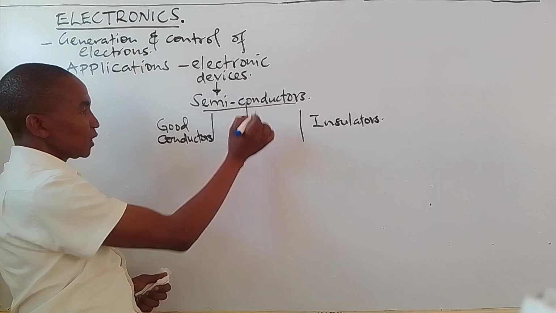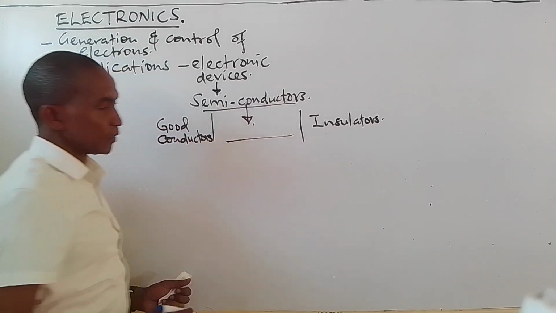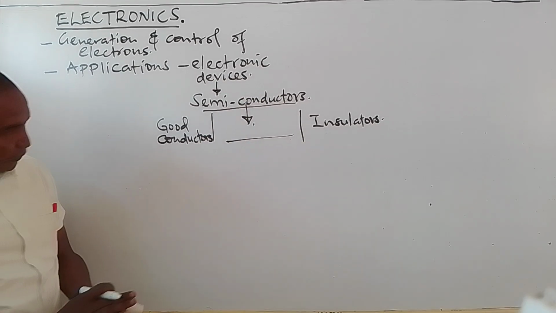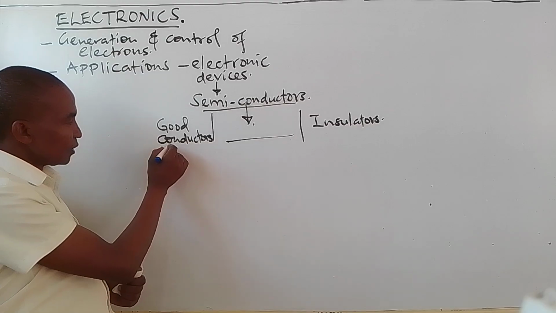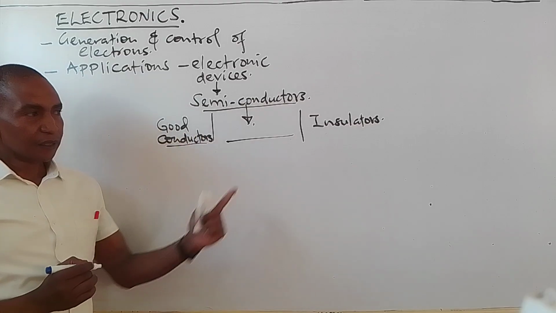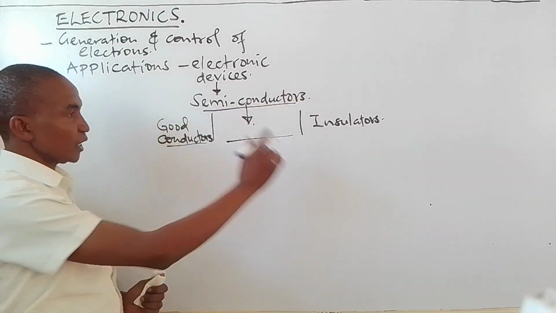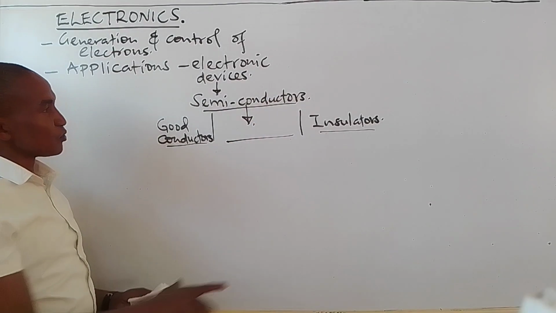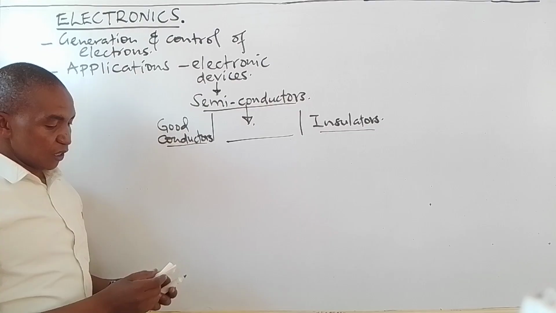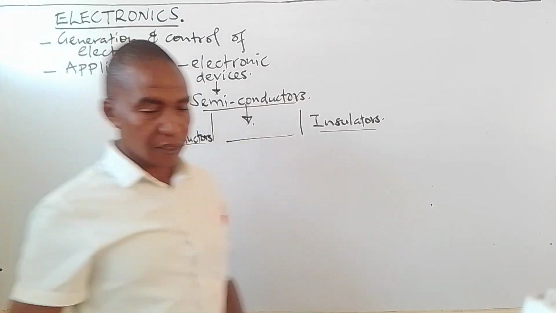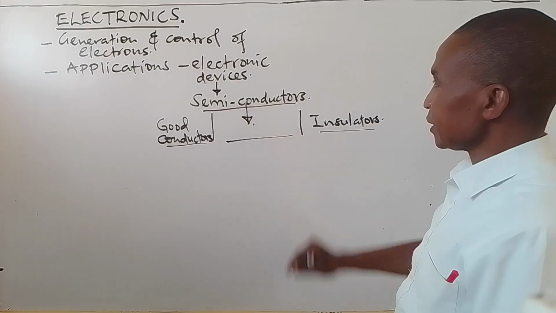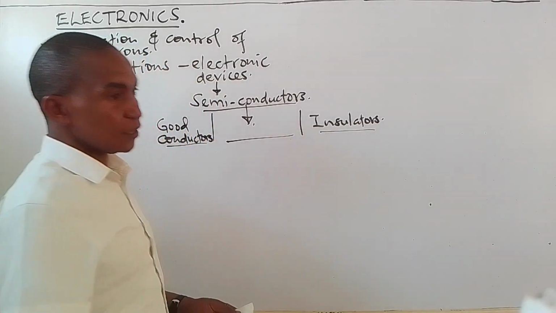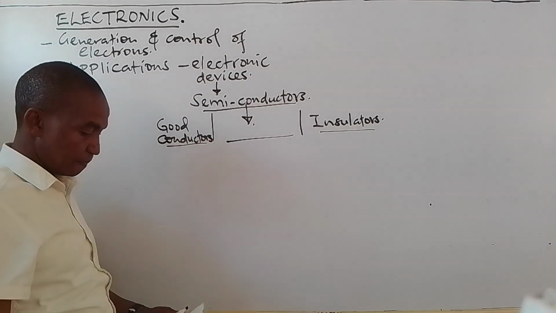By this we mean a semiconductor device will at some point behave as a good conductor, and if some input conditions are not satisfied, it will behave like an insulator. So a semiconductor can be said to be a device that conducts when some input conditions are satisfied. Some of these may be physical conditions like temperature, as we shall see later.